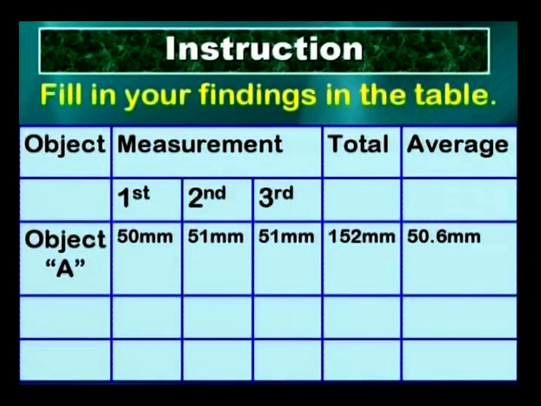Why do you think there are three measurements? Nola. Then we'll have Joshua. Because you measure the width, length, and height.